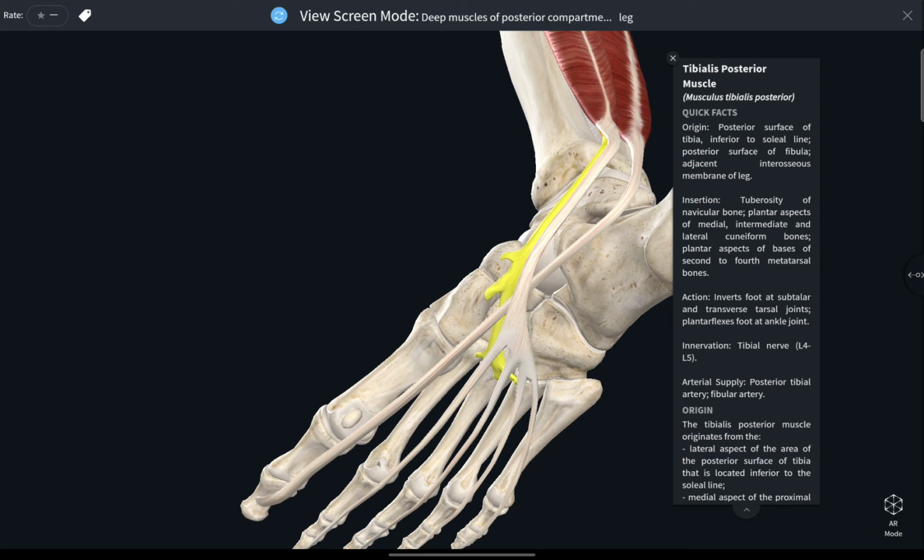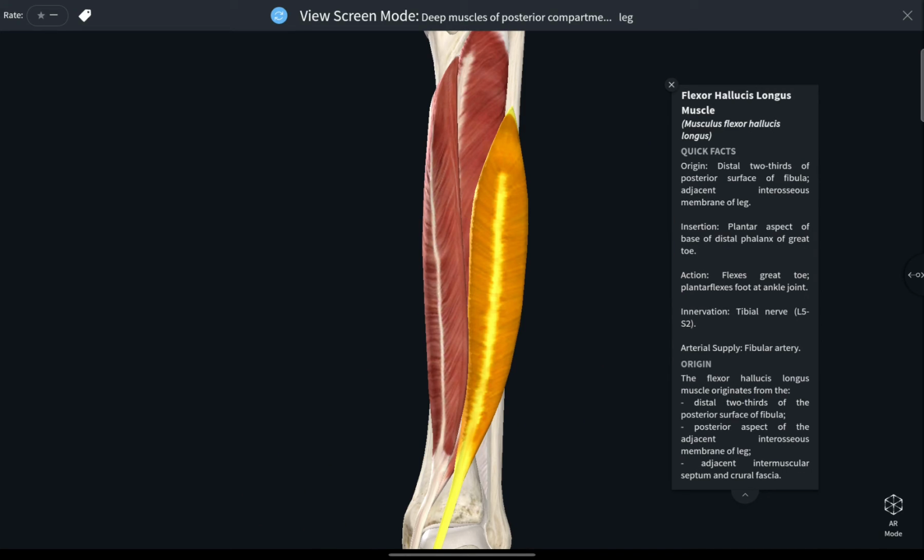Sorry, inversion. So now the flexor hallucis longus, a long muscle to flex the great toe.